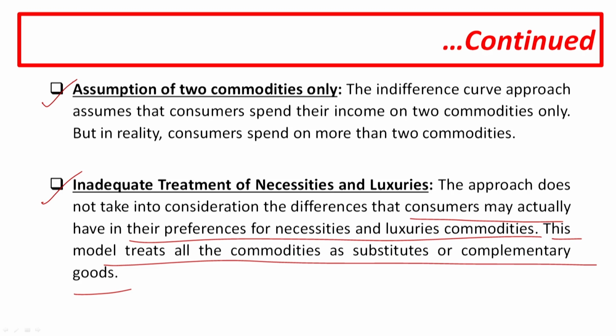Because for necessary and luxurious goods, the pattern of the consumer does change. So this was not discussed. Necessary goods you are going to purchase at any cost, and luxurious goods you are going to purchase depending upon your income. People belonging to the richer class buy more of a product when the product is costly. So this concept was not discussed in the indifference curve approach. That means what should be the behavior of the consumer with regard to necessary and luxurious items.